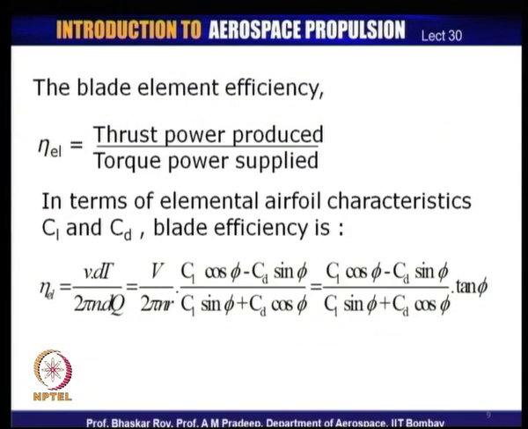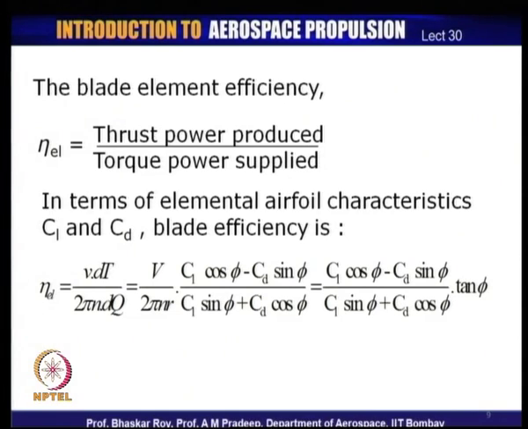The next thing we need to talk about, of course, is the blade element efficiency. Every element is creating thrust. As we have seen, they use the aerofoil characteristics CL and CD, and as a result fundamentally they are aerodynamic entities, and any aerodynamic entity would have a certain aerodynamic efficiency.